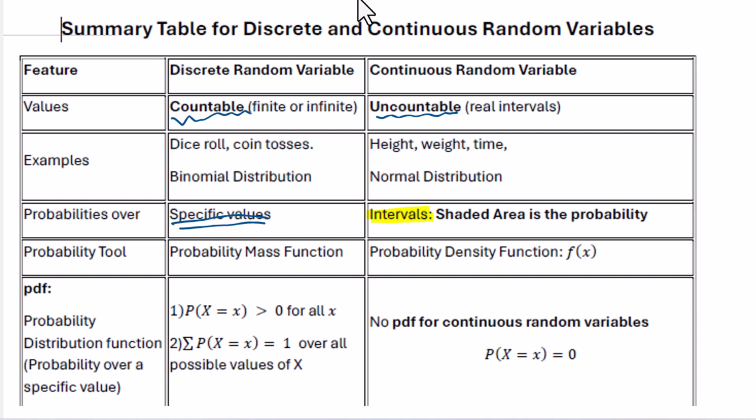And the shaded area is the probability for these intervals. The probability tool we use for a discrete random variable is the probability mass function. For a continuous random variable, we use the probability density function.